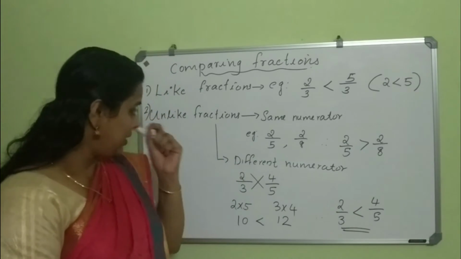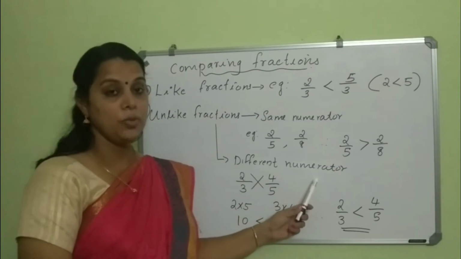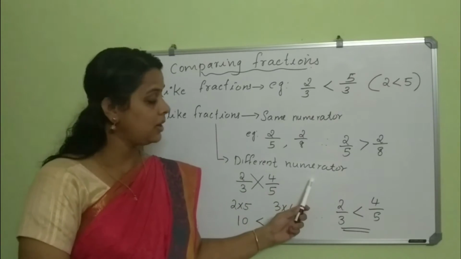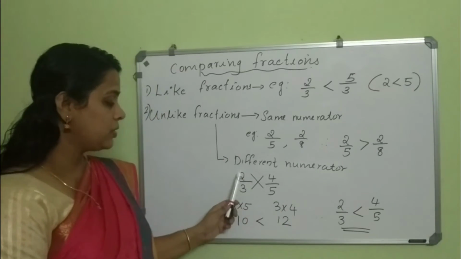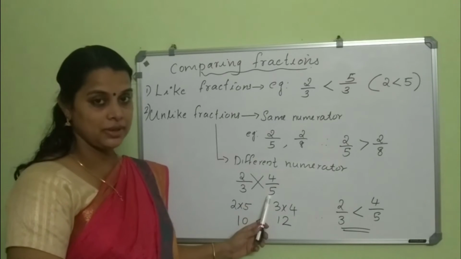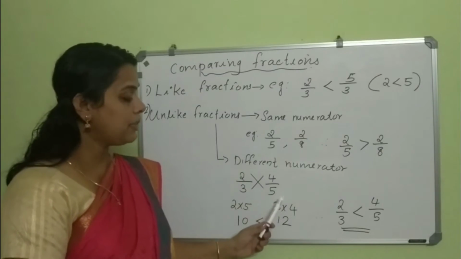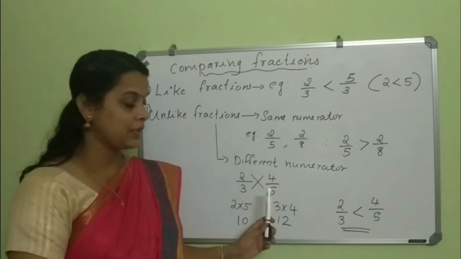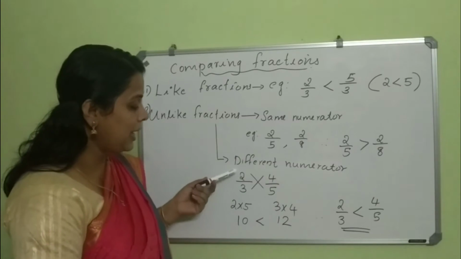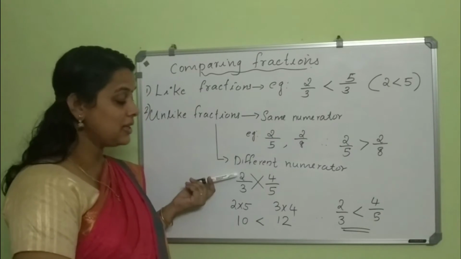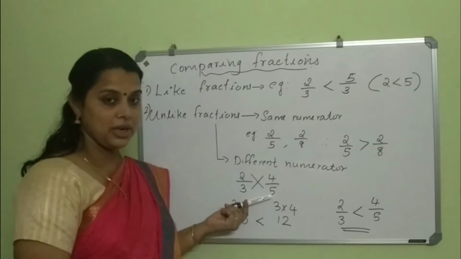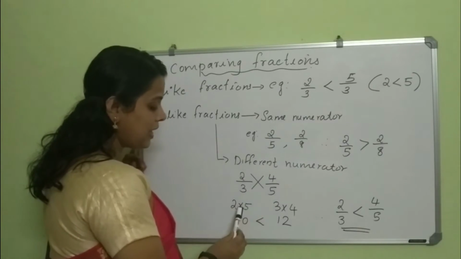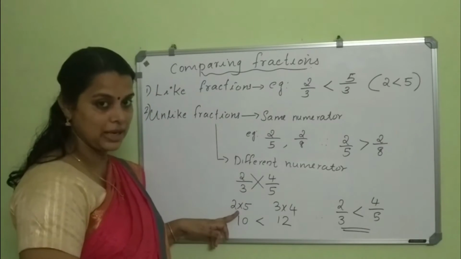Next is different numerator. Unlike fractions with a different numerator. See this, 2 by 3 and 4 by 5. Here we need to apply a method called cross products. That means we multiply the first fraction's numerator and the second fraction's denominator, that is 2 and 5. 2 into 5 we write down for the first fraction.